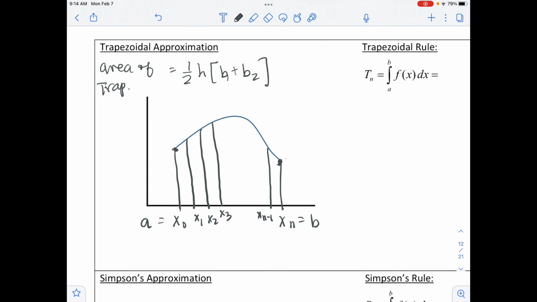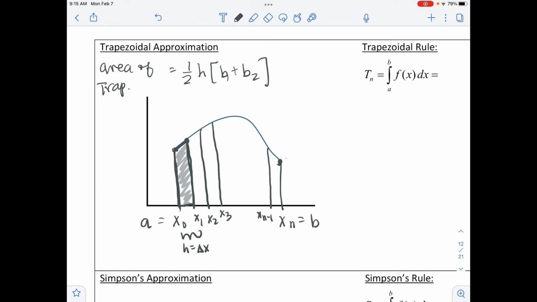And so the first trapezoid that we have, the height is actually going to be our delta x. And if you were to draw a trapezoid here and trace it, and I'll shade it, that would be our first trapezoid. And so our base 1 would be the function evaluated at x naught, and then base 2 would be the function evaluated at x1.